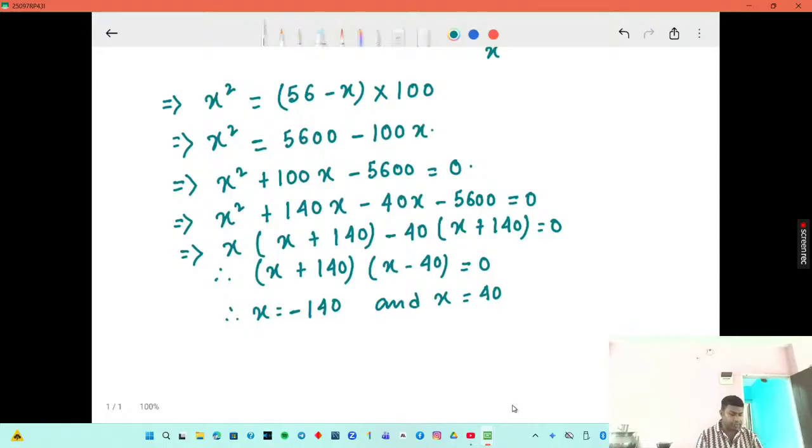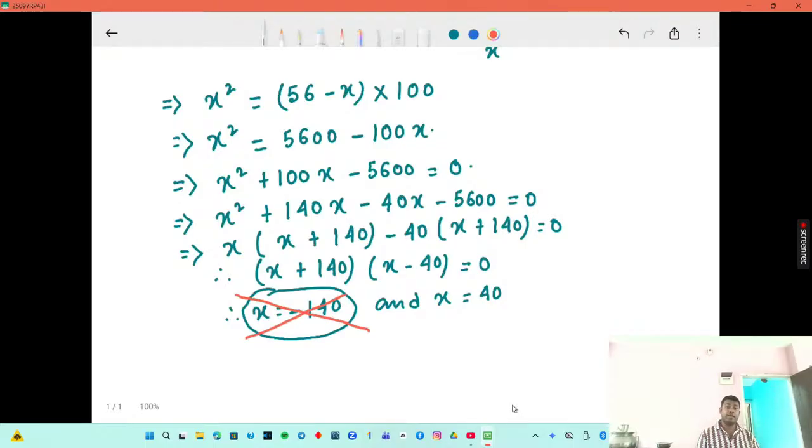So now we will ignore the negative value, because the cost price of an article can never be negative.